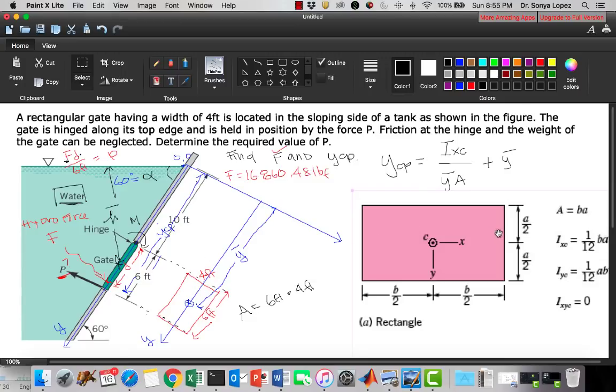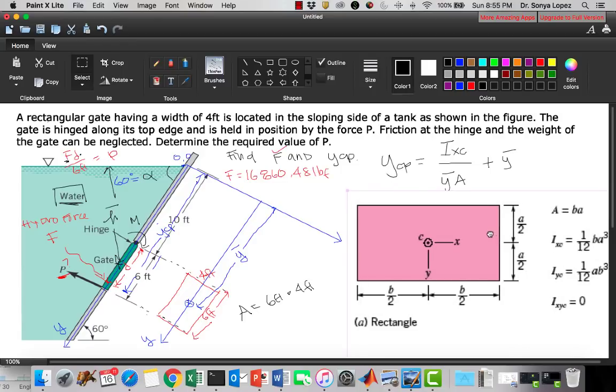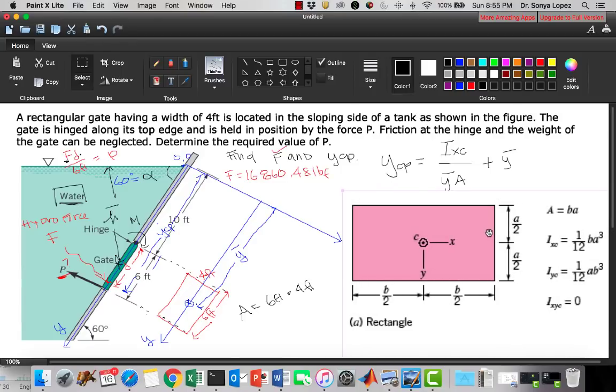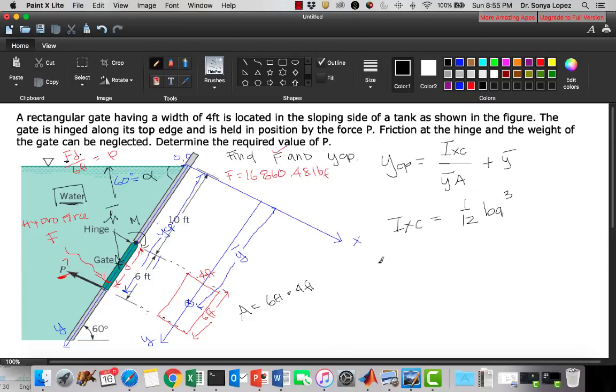This picture is just meant to show you the dimensions, right? Which axis corresponds to which letter. So B is always X and A is always Y. Don't look at the size of the rectangle. That's going to trip you up. So again, B corresponds to the X, your A corresponds to the Y width. So B is going to be 4 feet and A is going to be 6 feet.